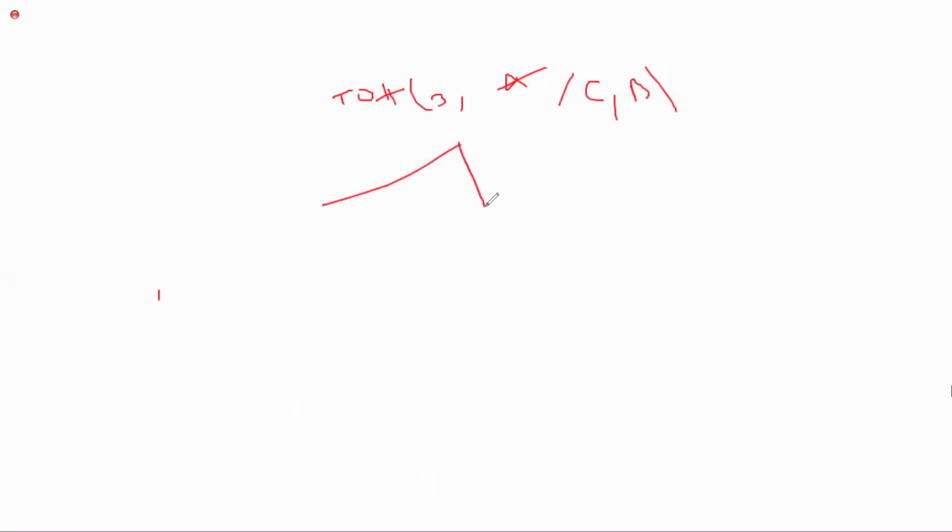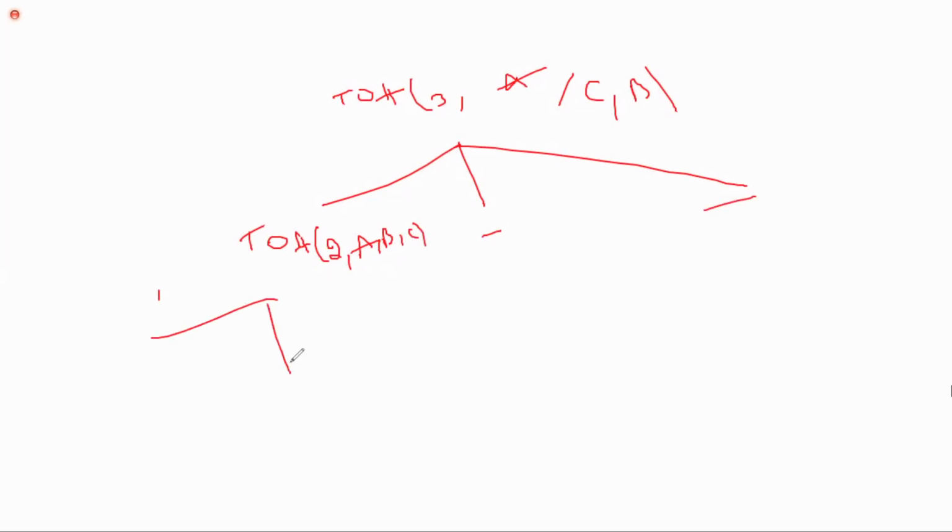How many times are you passing the recursive calls? 3 times. Every time it will perform TOH of 2 comma, initially passing A comma B comma C, and a print statement here, third. For this you draw example statements. Observe what you are getting, then you will understand.